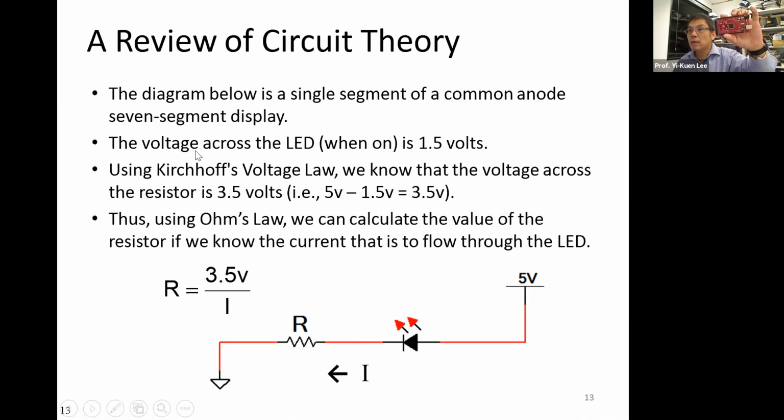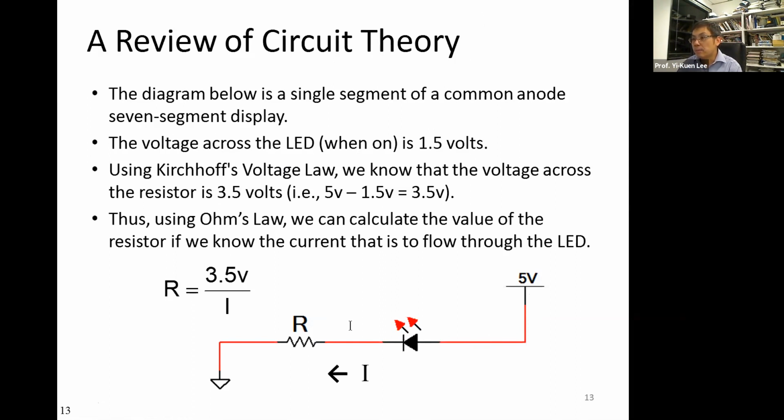And the typical voltage across the LED is 1.5 volt. Based on basic circuit theory, Kirchhoff's voltage law, KVL, you see 5 volt on the right-hand side, and then the voltage drop here is about 1.5, right?